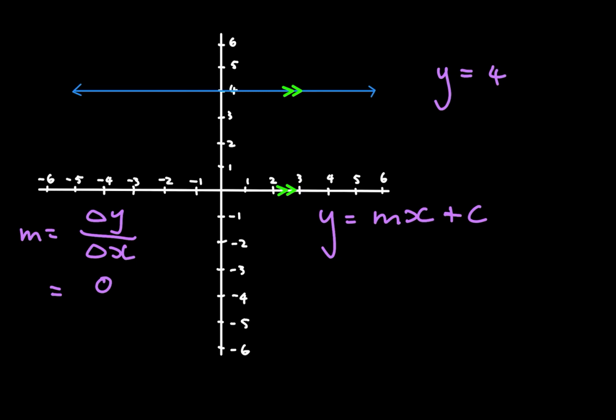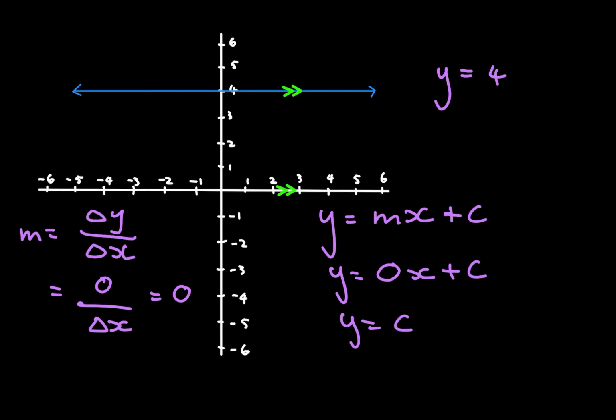No matter what point you take, the change in y is always going to be 0. And the change in x can be any number, so we'll leave it as that. Now, what this works out to is equal to 0. So what we have is y is equal to 0x plus c, which is just y is equal to c. So c is the y-intercept, so we have y is equal to 4.